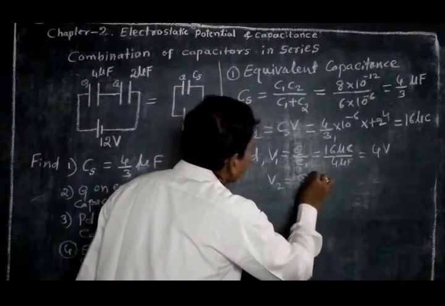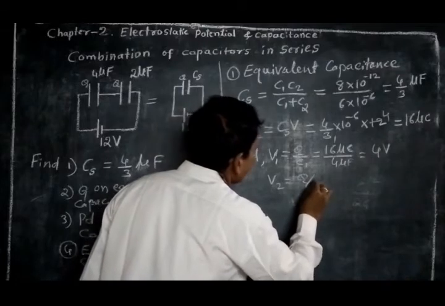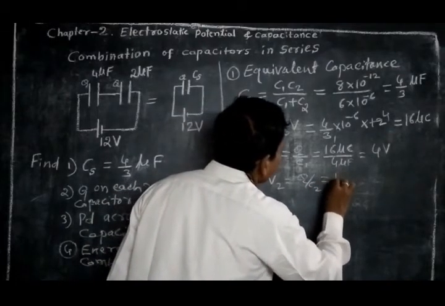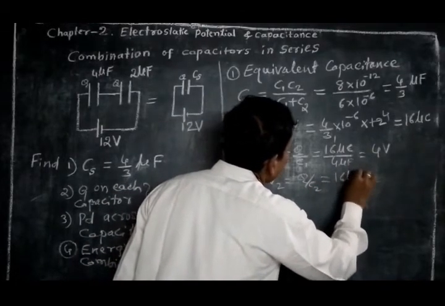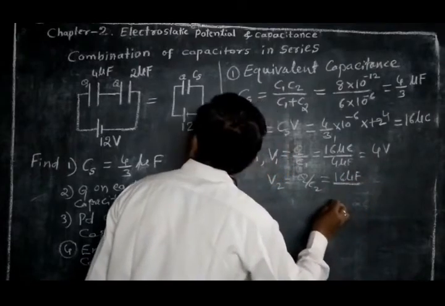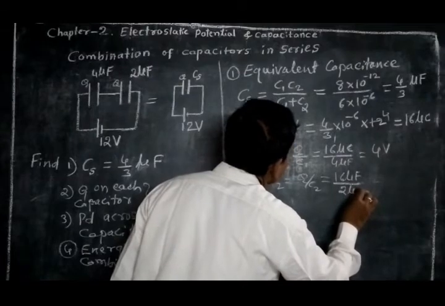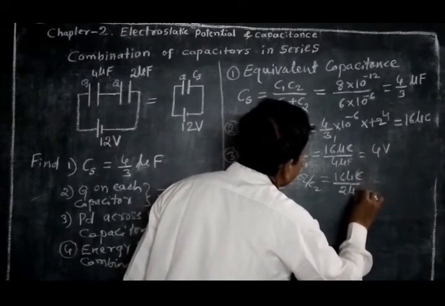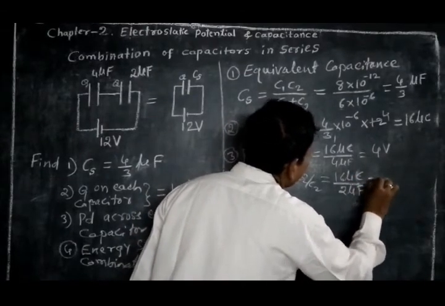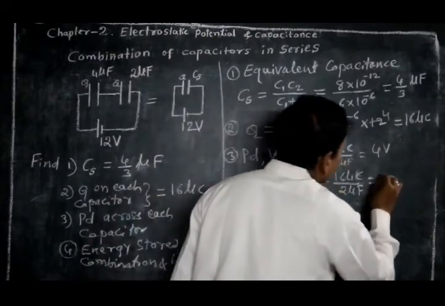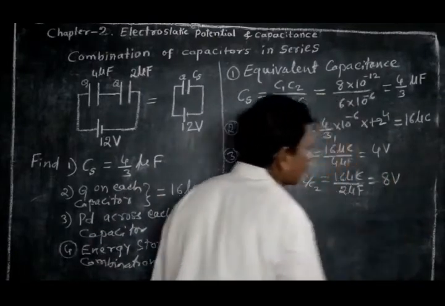charge is same, Q upon C2, and C2 equal to 2 microfarad. 16 microcoulomb divided by 2 microfarad, that is equal to 2 ones are 2, 8 volt.